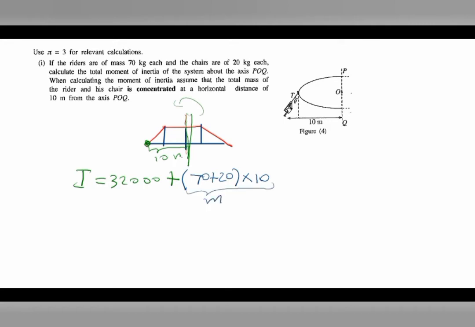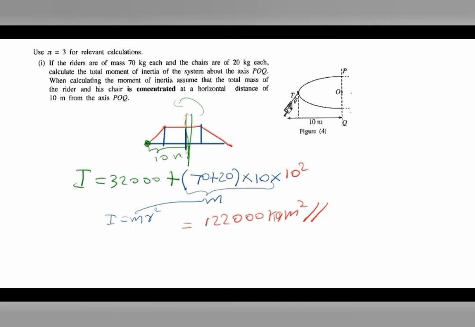Since you know I is going to be mr square, this is the mass, and you have to multiply this by r square. R is 10, squared. So when you substitute all of these, you can get the answer like 1,022,000 kg m square.